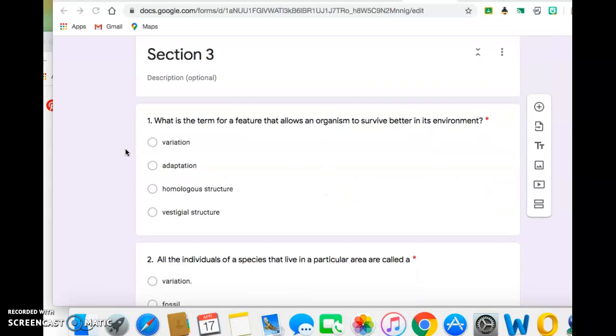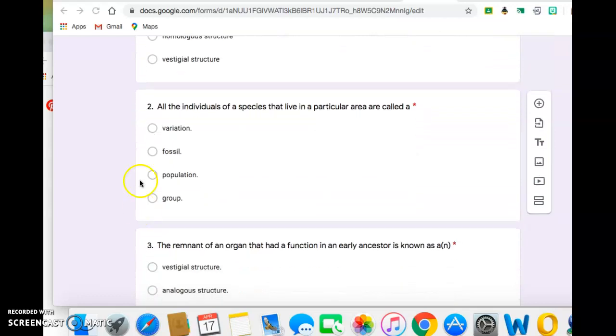Section 3, number 1. What is the term for a feature that allows an organism to survive better in its environment? Variation, adaptation, homologous structure, or vestigial structure? Number 2.